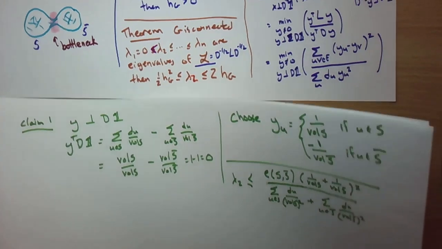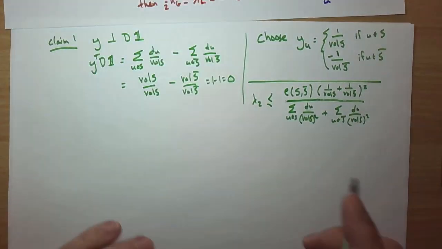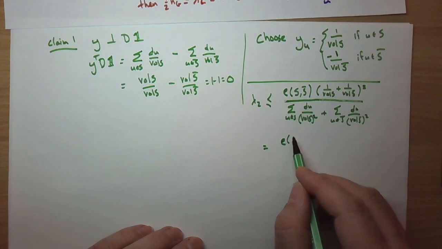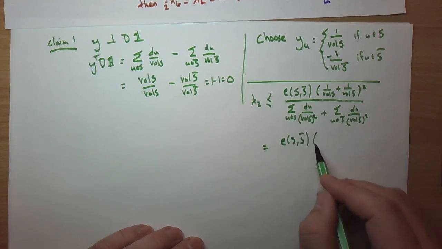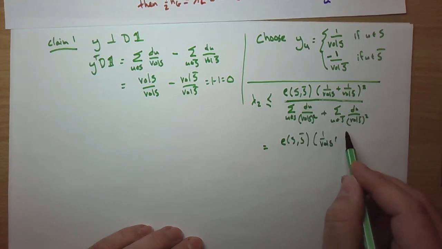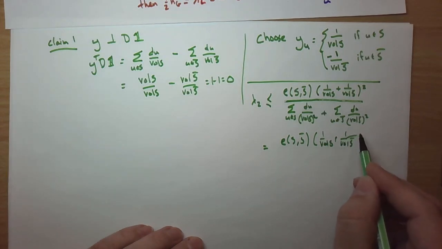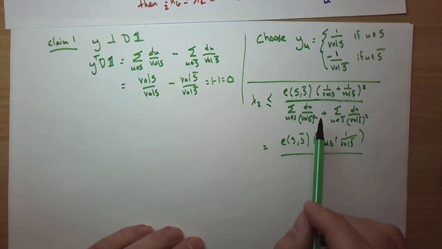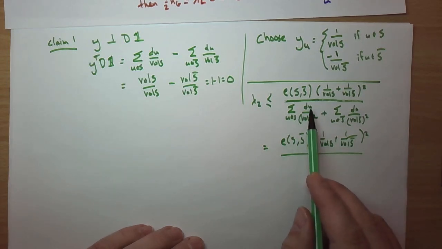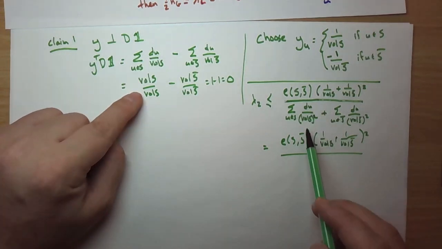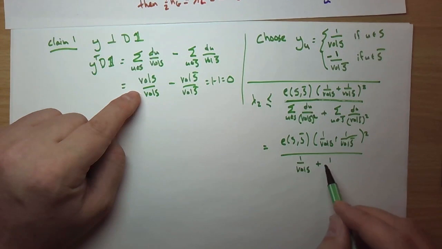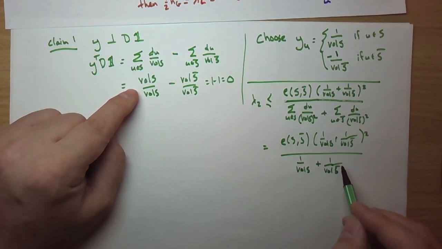Well, what happens? This is edges(S, S bar) times (1 over volume of S plus 1 over volume of S bar) squared. Don't worry. I know we're basically out of time, but we'll finish. And downstairs, we do the same thing. But now it's volume of S over volume of S squared, so it's 1 over volume of S plus 1 over volume of S complement.